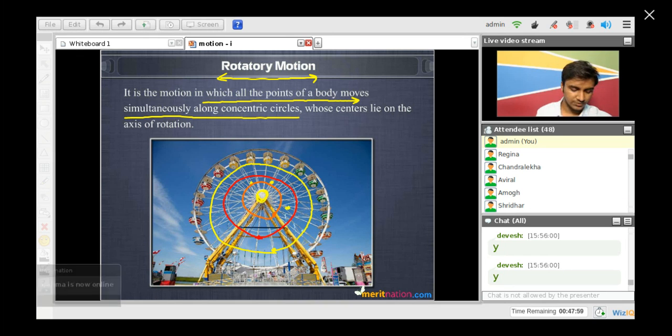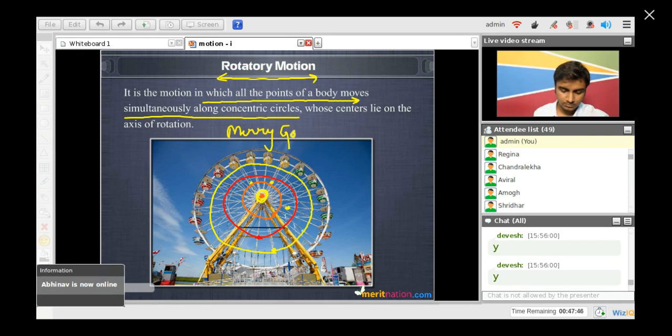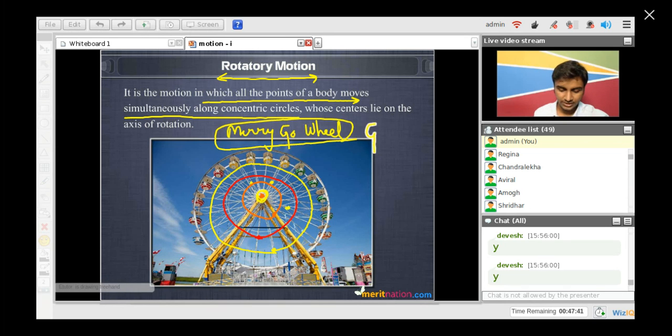Circles which have only one center. Every circle will be from this center only. So this is the example of rotatory motion. This is basically a merry-go-round or giant wheel.